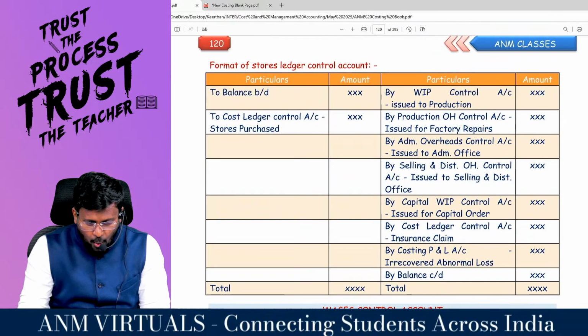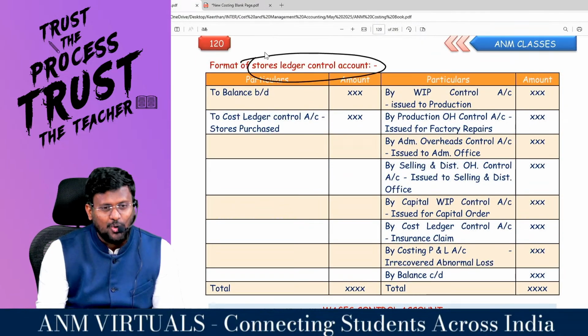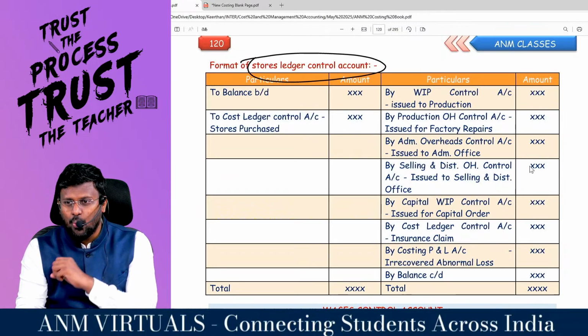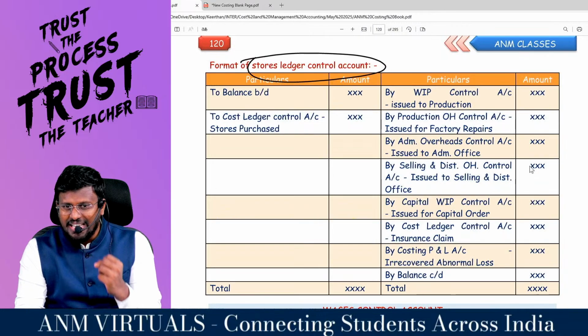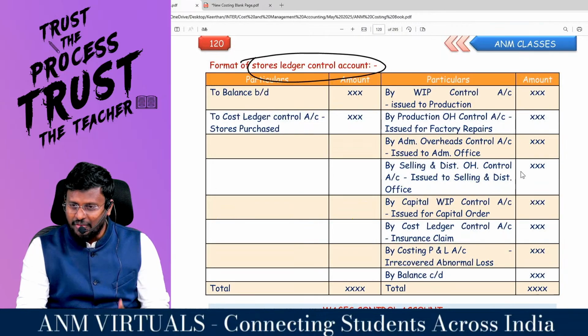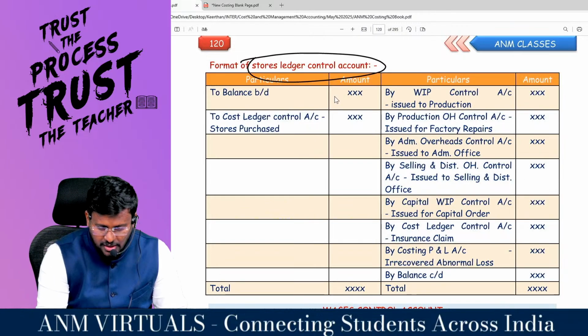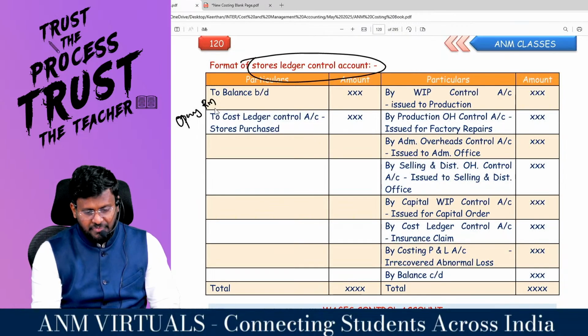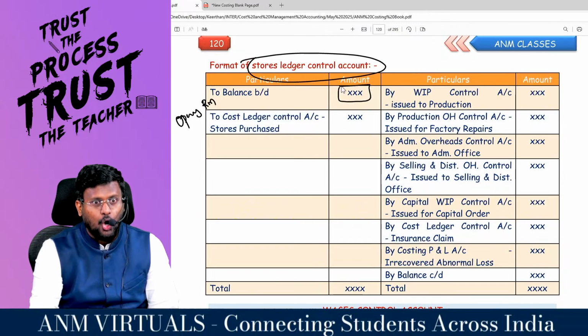This is how your stores ledger control account will be. This is an asset account because raw material is an asset. So you will be having, my dear lovable students, opening stock of raw material, and balance brought down.